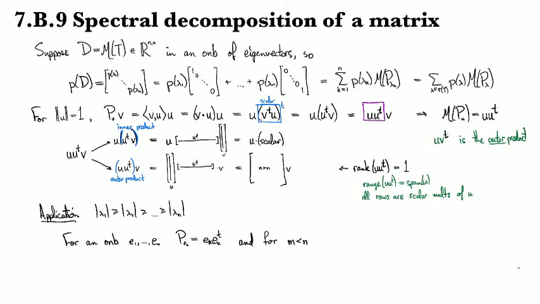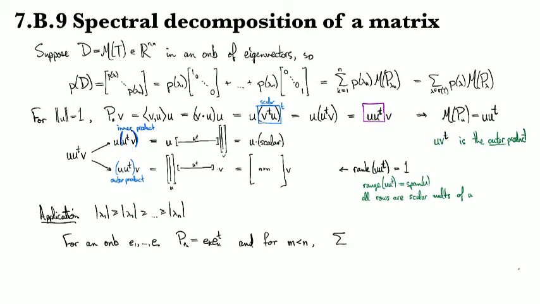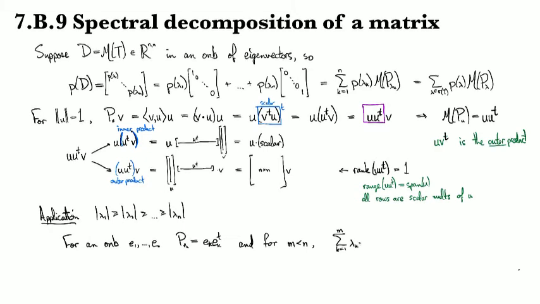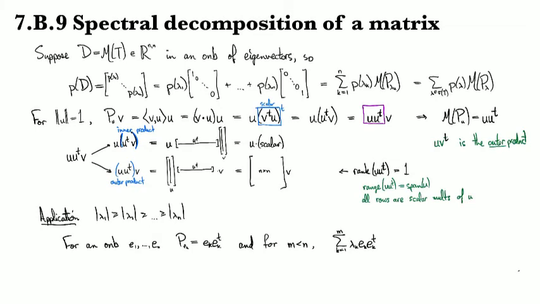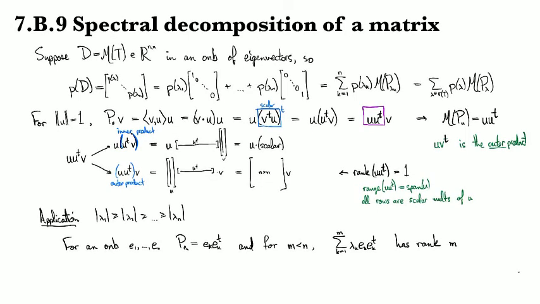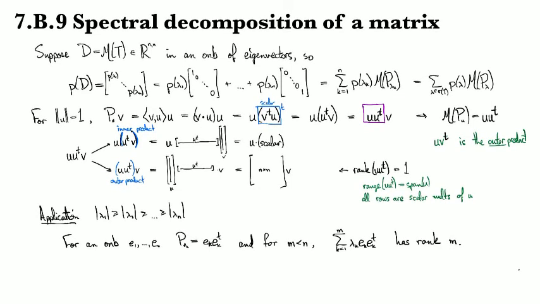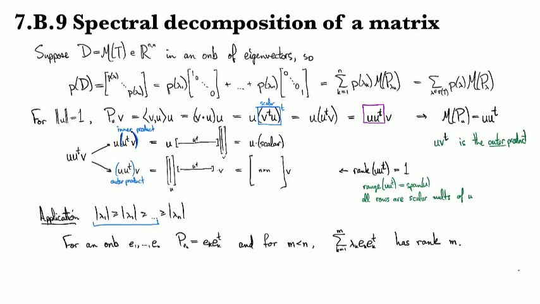But if we take m strictly less than n, then when we look at the sum over k equals 1 to m of lambda k, ek, ek transpose, this has rank m, because each term in the sum has rank 1. Okay, so then by this ordering right here, we just cut it off at, say, the mth spot.